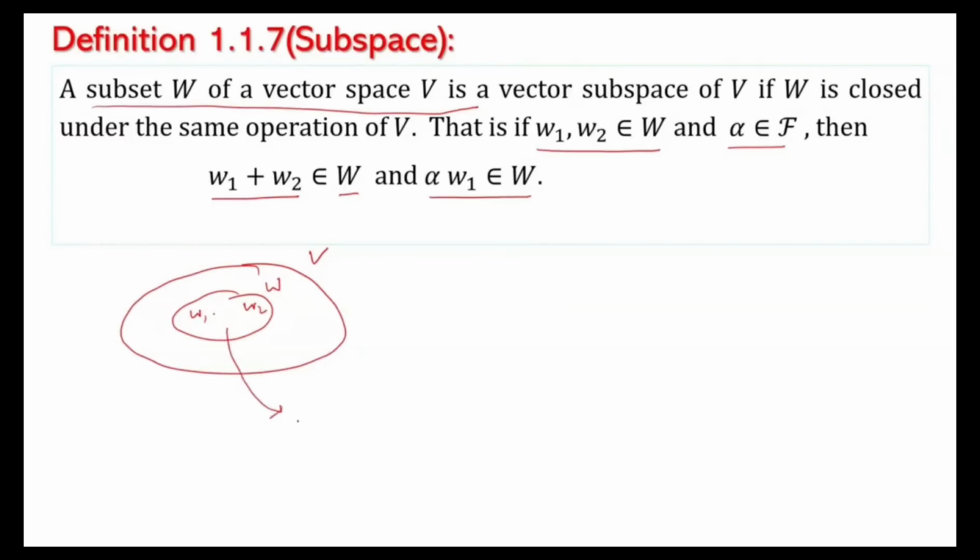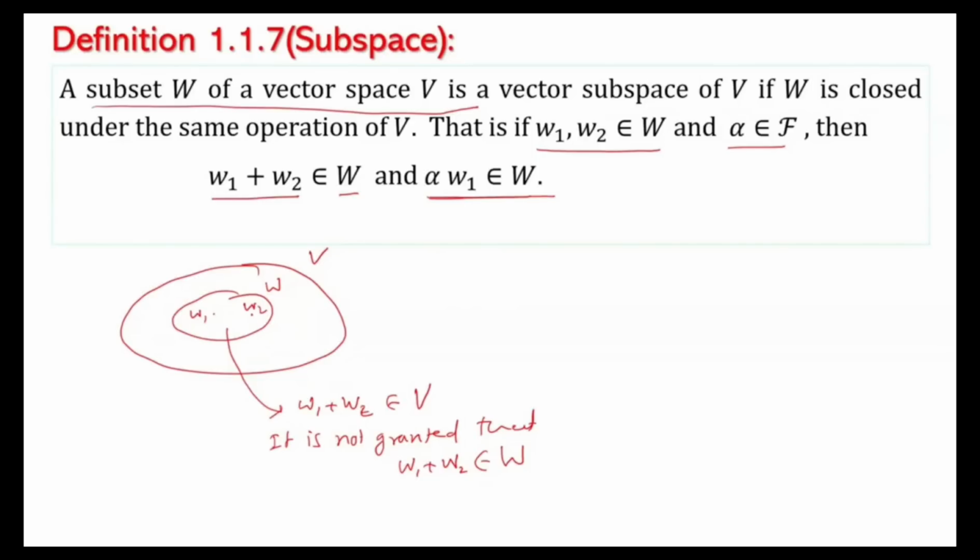Since W1 and W2 are members of V, W1 plus W2 is a member of V because V is a vector space. But it is not guaranteed that W1 plus W2 belongs to W again. If it does, and along with the second property, then we can say W is a subspace.